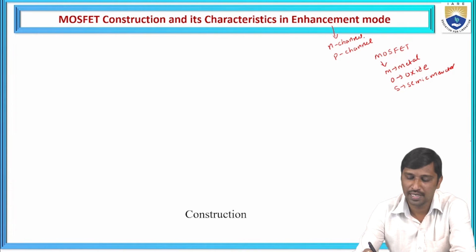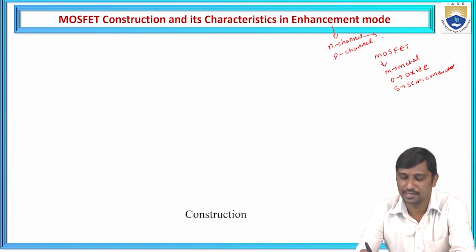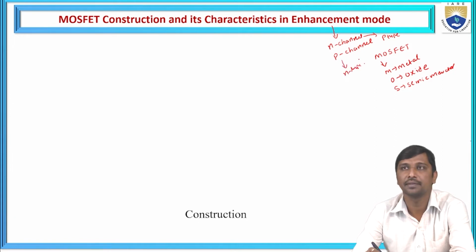If you want to create the N-type, then we take a P-type substrate. We need to take a P-type substrate to construct the N-type enhancement MOSFET. If you want to construct a P-type enhancement MOSFET, we need to take an N-type substrate.